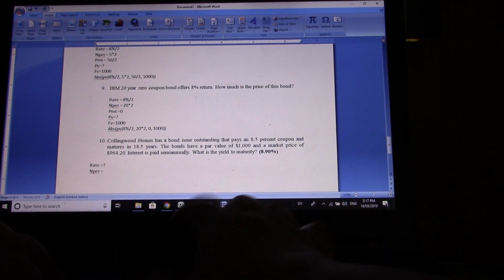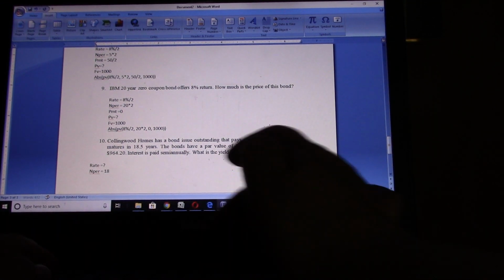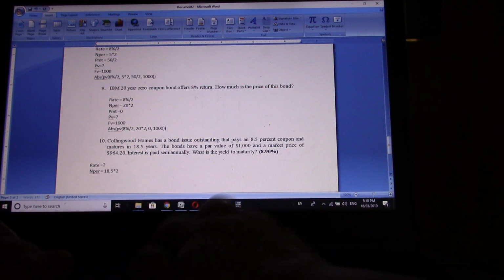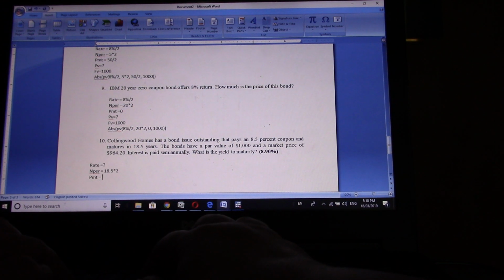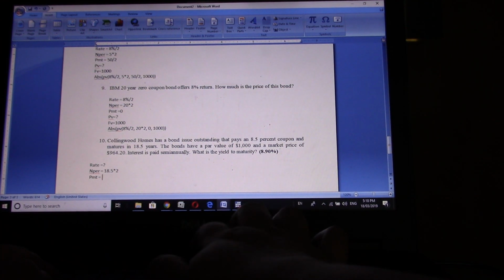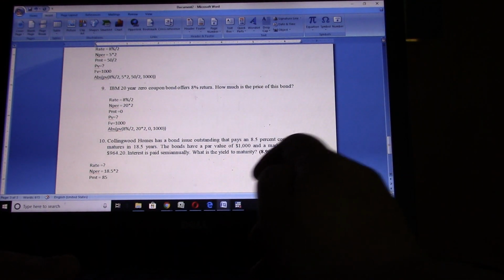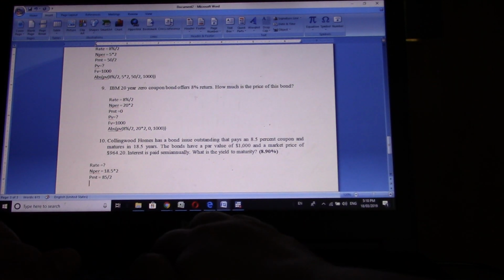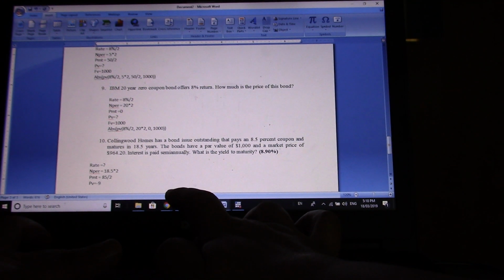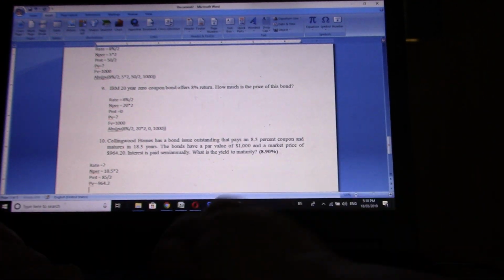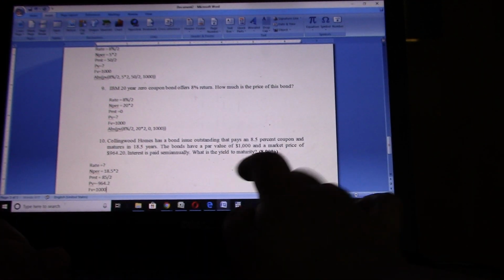Nper, this is a semi-annual one, so it should be 18.5 multiplied by 2. PMT is the coupon, so it is 8.5%, which is $85, but you have to divide it by 2. PV is negative 964.2. FV equals 1,000.